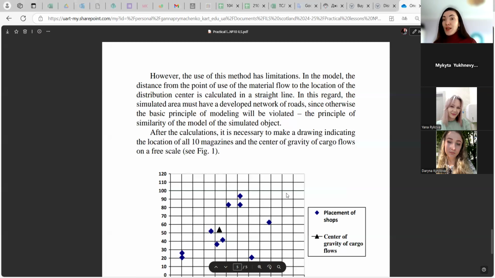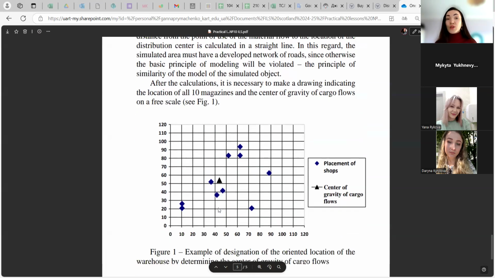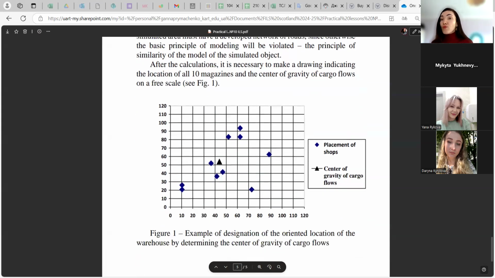After the calculations, and we use two formulas today, it is necessary to make a drawing indicating the location of all the stores and the center of gravity of cargo flows on a free scale. So at the end of our task today, we also make the same picture, for example in Figma, which may be more useful for our tasks.